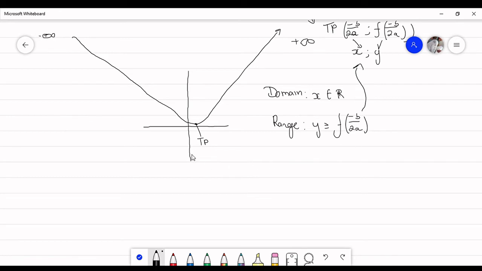So if you go here, you see that at our turning point, our graph is only equal to, let's say here it was -1. So that means our graph was going to be 1. So our restriction was going to be 1. But in terms of x, we're going to have infinity because our graph doesn't have any restrictions.